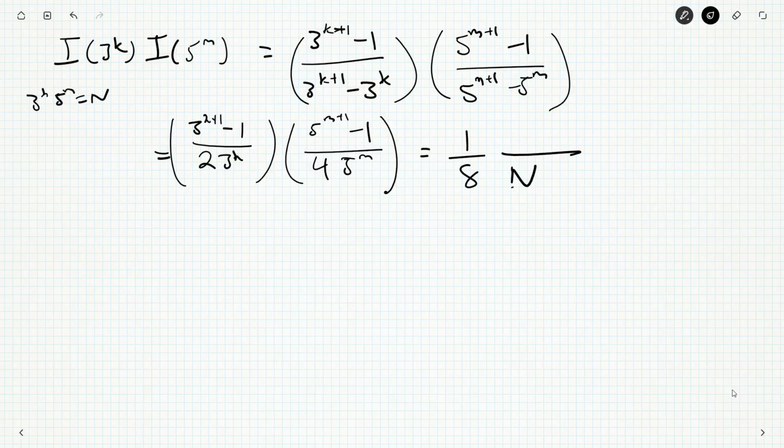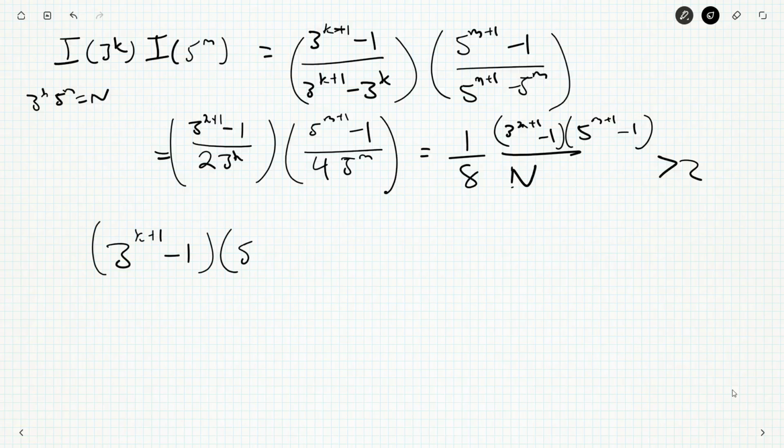So we've got that, and then we've got 3 to the k plus 1 minus 1, 5 to the m plus 1 minus 1 there. And I want this to be greater than 2, so we want 3^(k+1) minus 1, 5^(m+1) minus 1 to be greater than 16n.